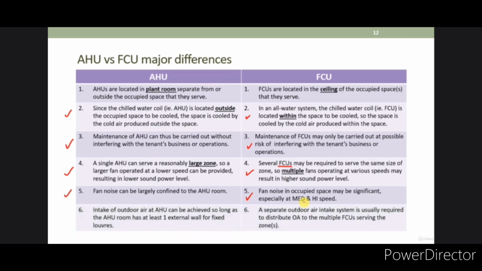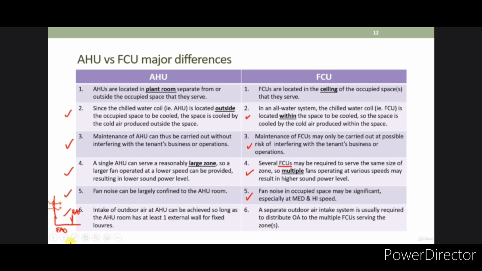And finally, the intake of outdoor air at the AHU can be done easily through a fresh air duct, and it can mix with the return air duct before passing into the AHU. This can be done easily, or in the AHU room, let's say it's facing the external wall, you can just have a louver that can draw in fresh air.